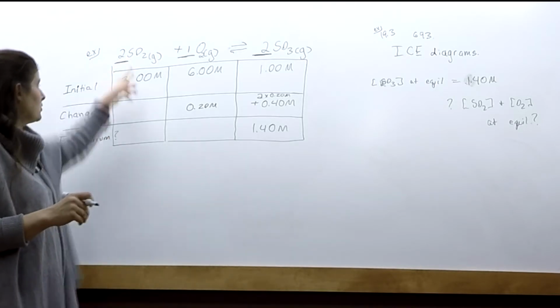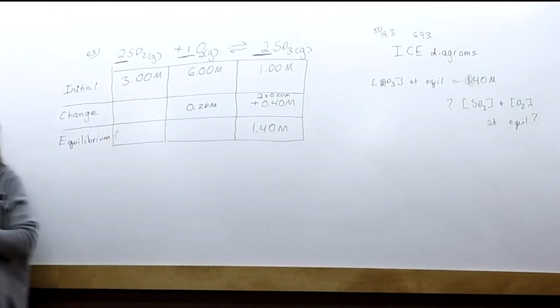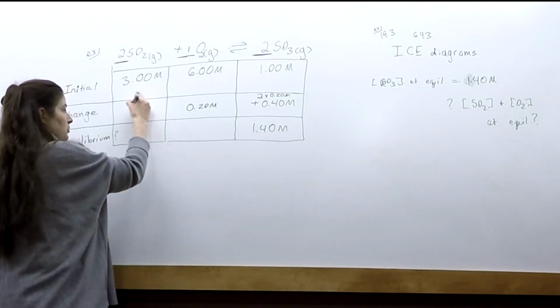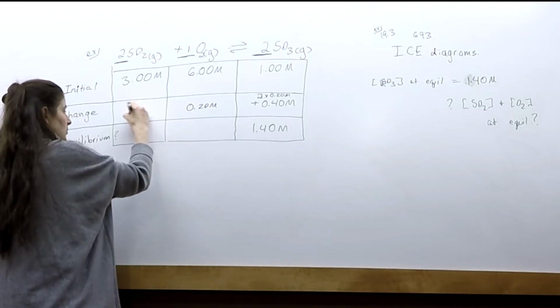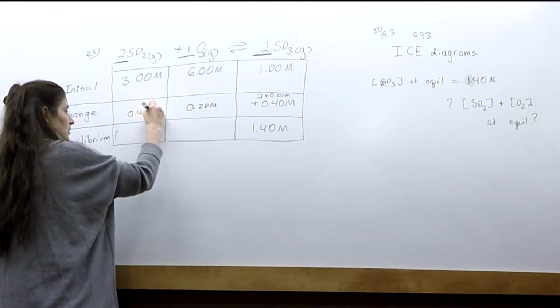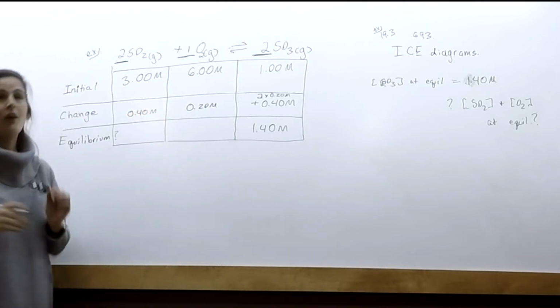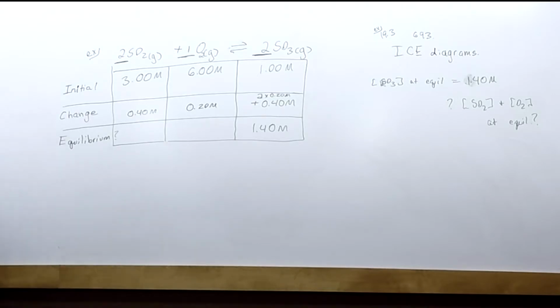What about for the SO2? Which change do you think that one has? 0.4, right? Because it was also doubled. So this one would also be 2 times that 0.2. All right. The other difference is, what is happening to the reactant concentration as the reaction happens? It's decreasing, right?